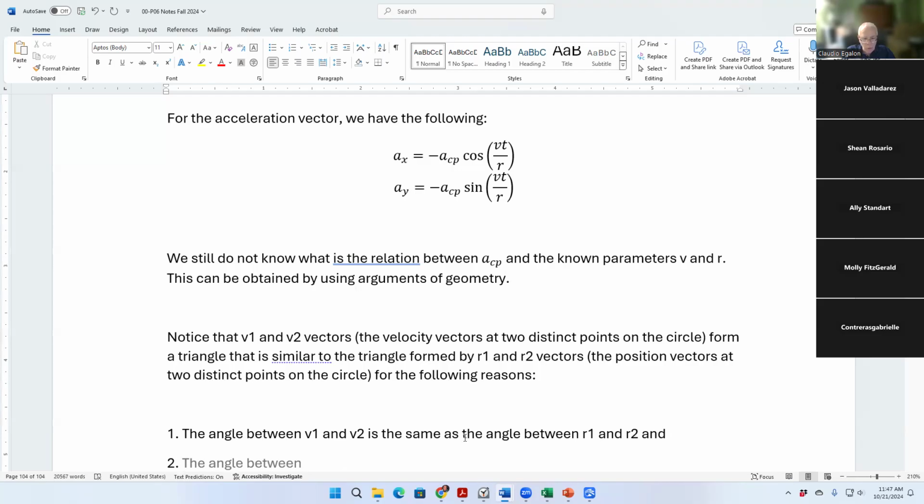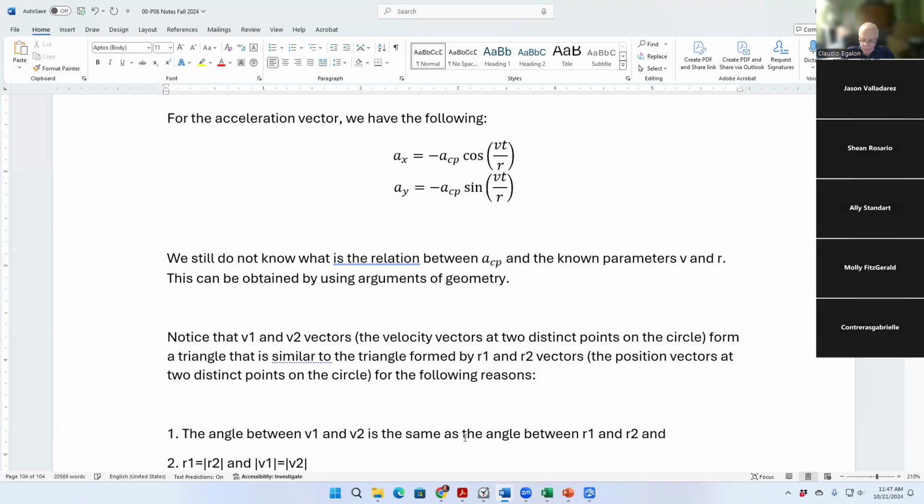And two, magnitude of R1 is equal to magnitude of R2, and magnitude of V1 is equal to magnitude of V2, okay? So like I said, just having the same angle is not enough condition for those vectors to form a similar triangle.